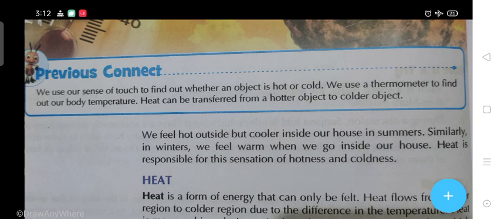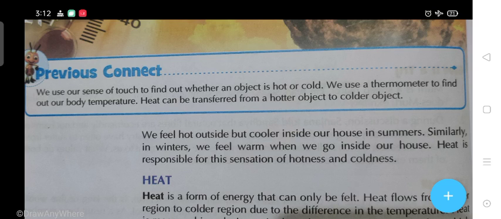Similarly, in winter, we feel warm when we go inside our house, and heat is responsible for this sensation of hotness and coldness. Yes, students, whenever you are outside your house in summer, then you feel hot, and when you have come in the house, then you will feel cool.